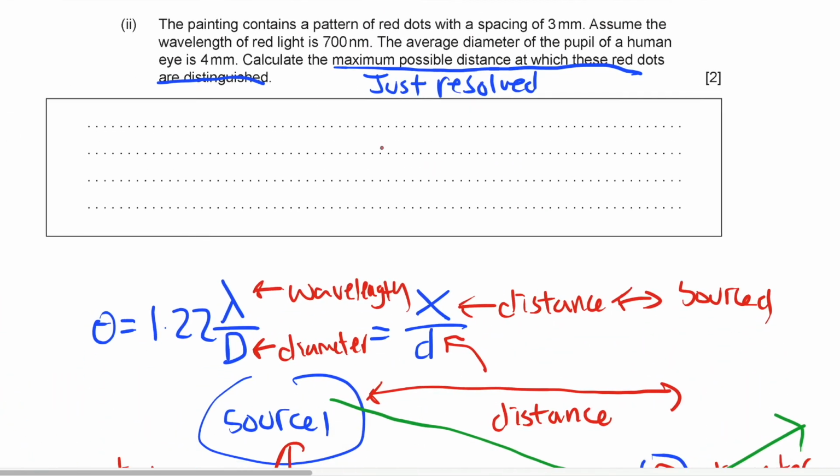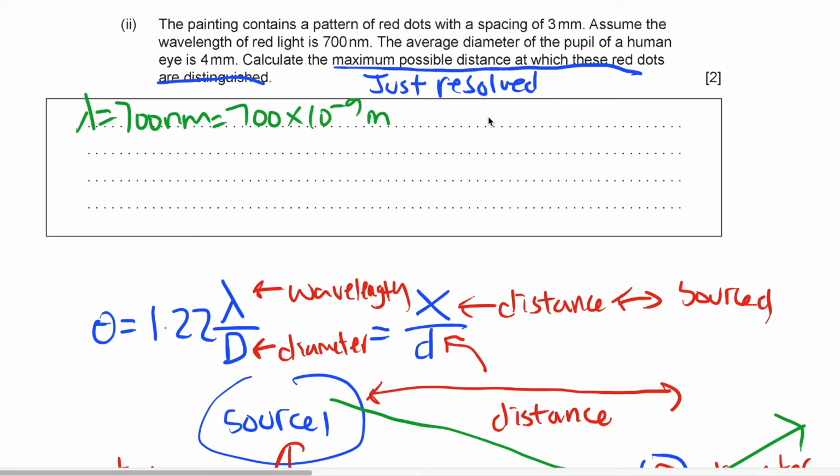So let's see what we know for this problem. We know that the wavelength is equal to 700 nanometer, which is equal to 7 multiplied by 10 to the power of -9 meter. We also know that the pattern of dots has a spacing of 3 millimeter.